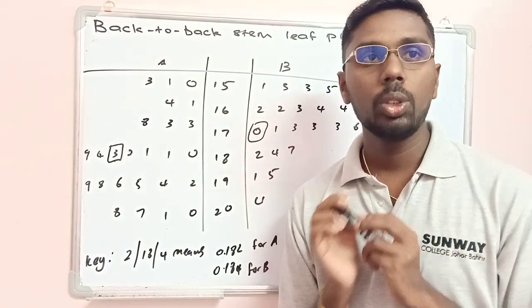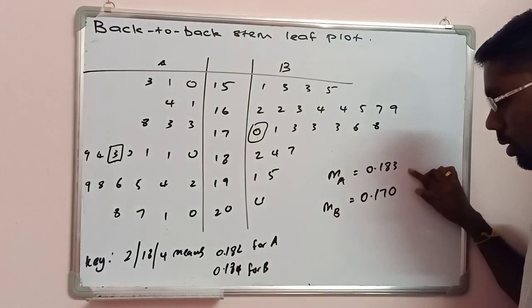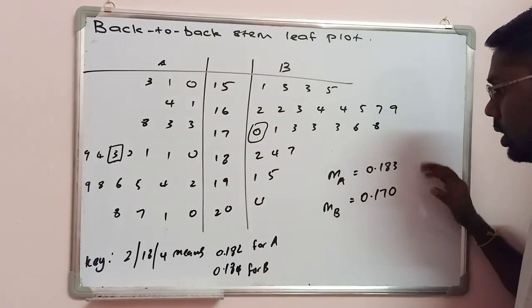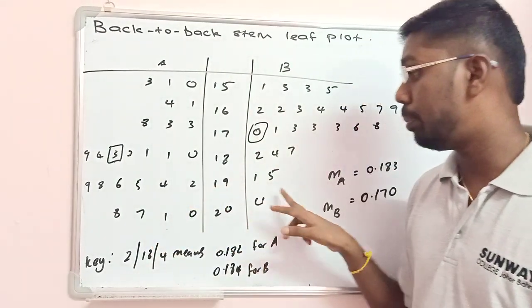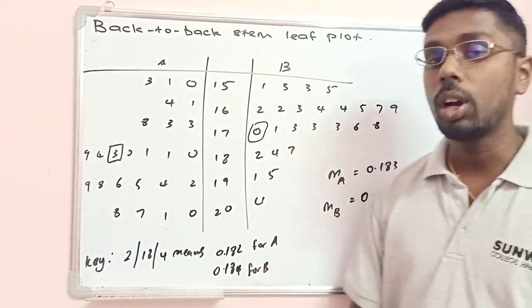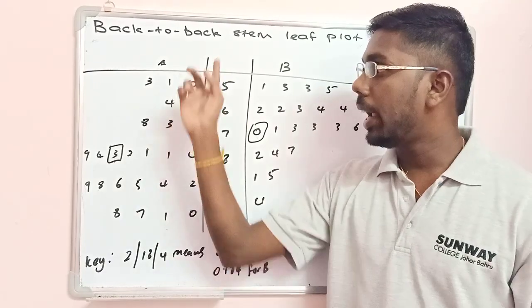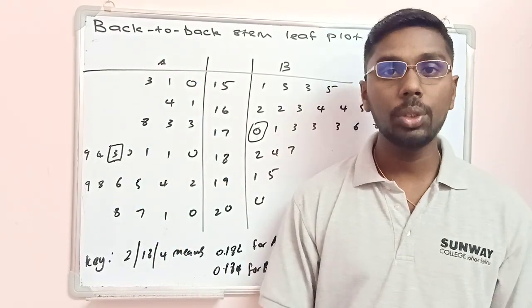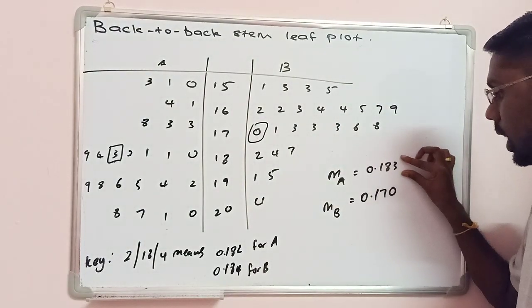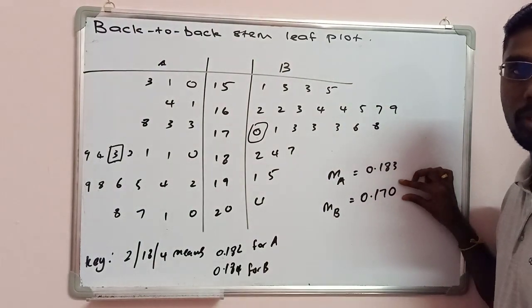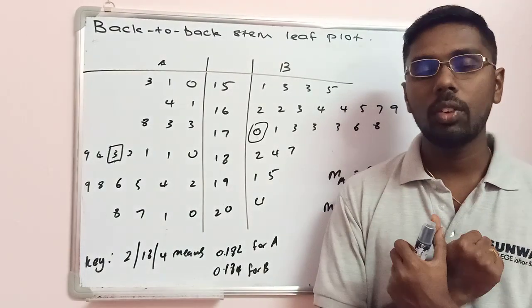Okay, so by comparing the median, it shows A has a higher value compared to B. So what you can say is, on average, A has a higher value compared to B because the median of A is higher than B. So that's the first thing we can talk about.